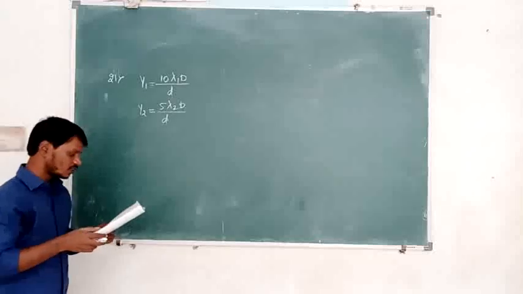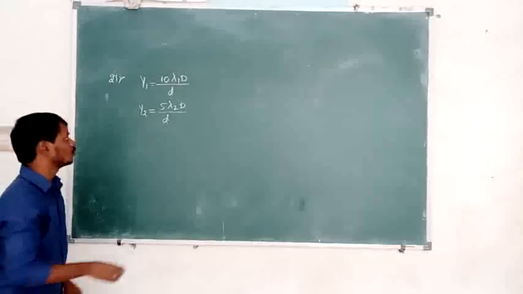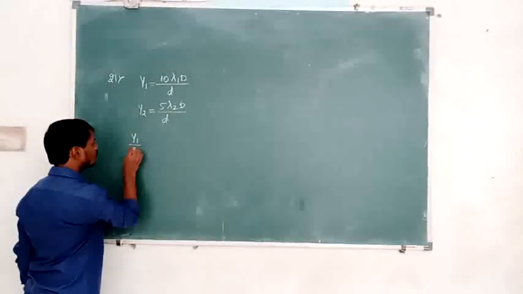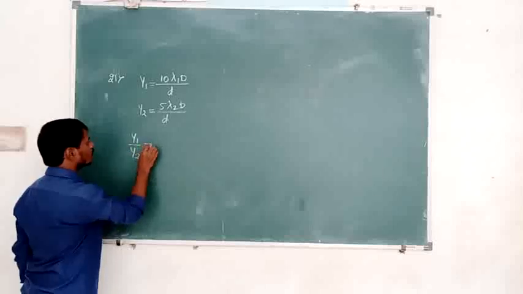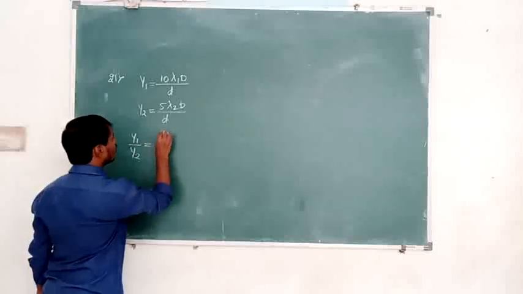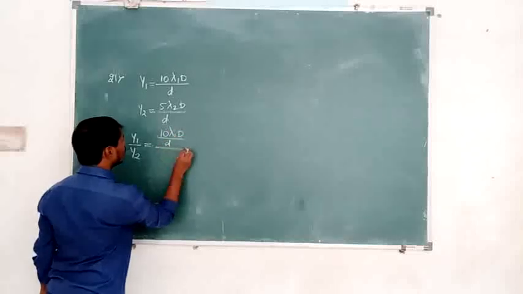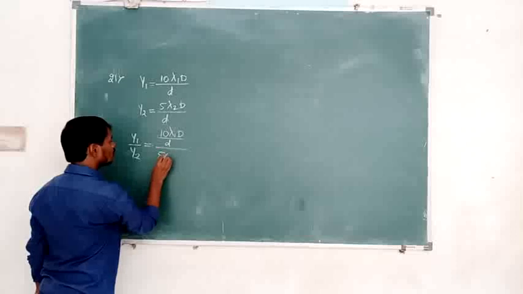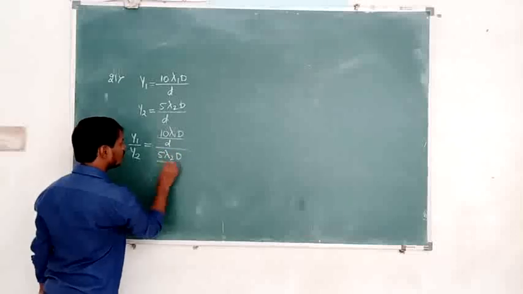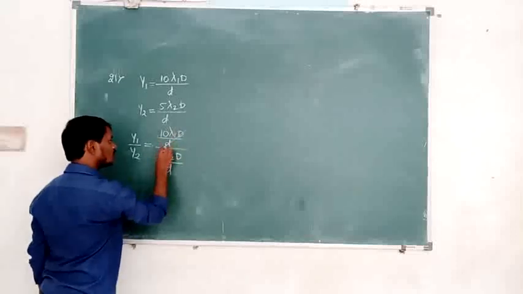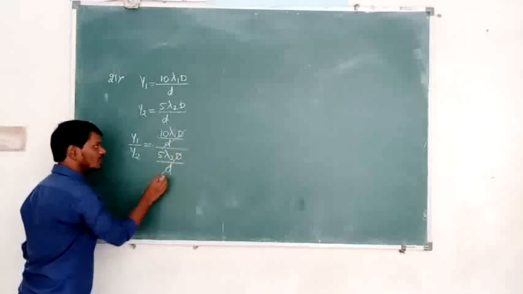Then what is our question? The ratio of y1 and y2. Means we have to find the y1 by y2 ratio. So it is 10 lambda 1 D by d divided by 5 lambda 2 D by d. So capital D by small d gets cancelled.